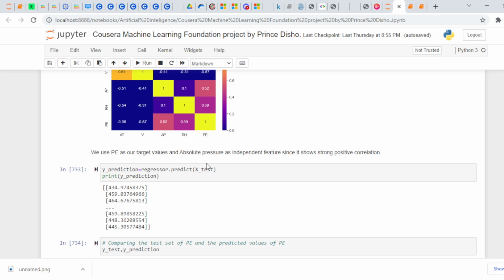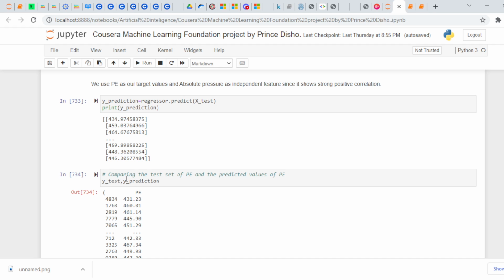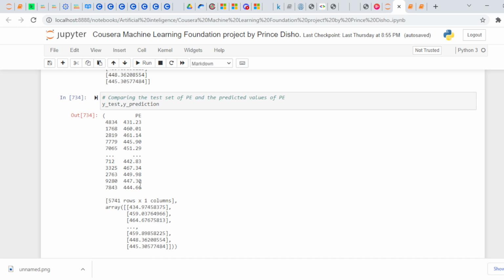Here I'm comparing the test set of PE and the predicted values of PE. This is the test data, and this is the predicted data. As you can see, my test data has a close relation to the predicted values of power output.